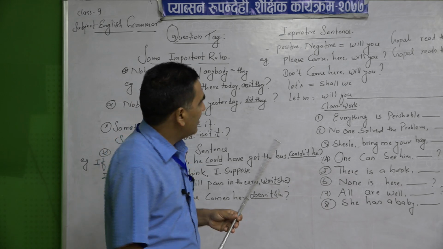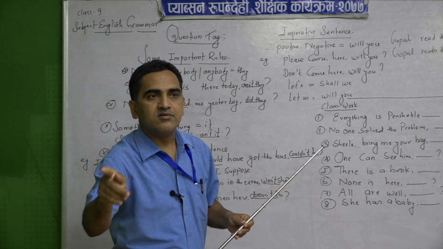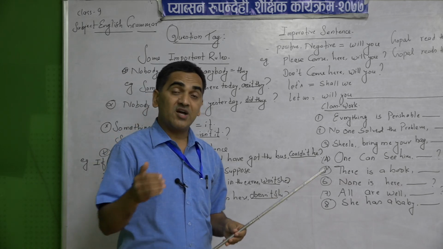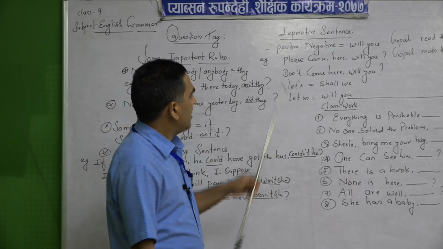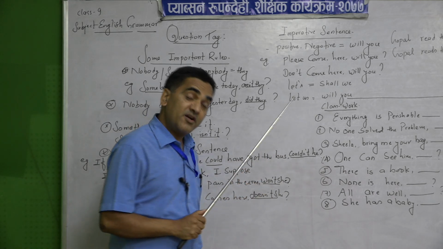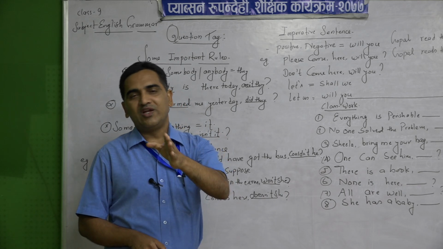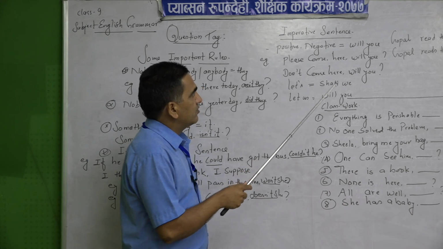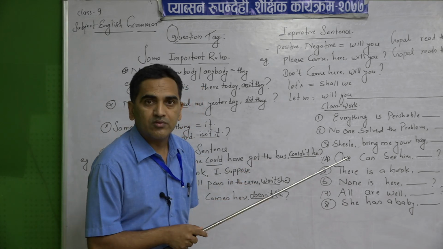Imperative sentence. Now you will find request, order, suggestion, command and recommendation. Now when it is positive or negative for the imperative sentence, the question tag is all the time the same, that is will you. Please come here, will you? Don't come here, will you? Right?